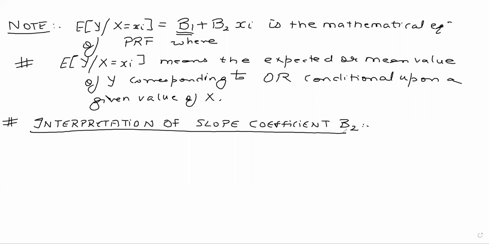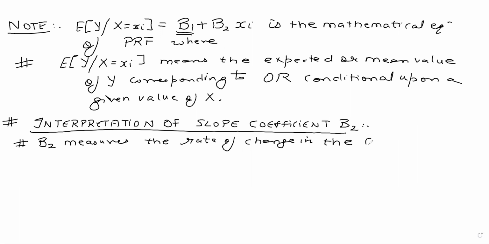So let's write the interpretation. B2 measures the rate of change in the conditional mean value of y per unit change in x.